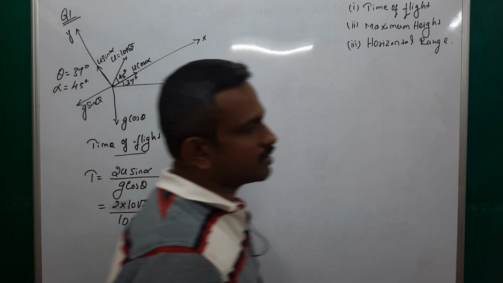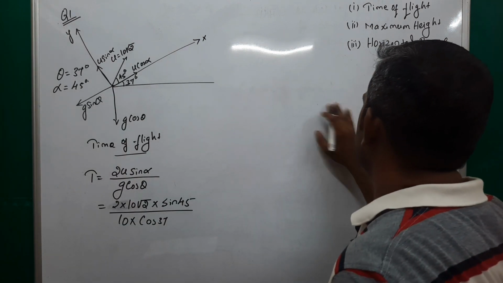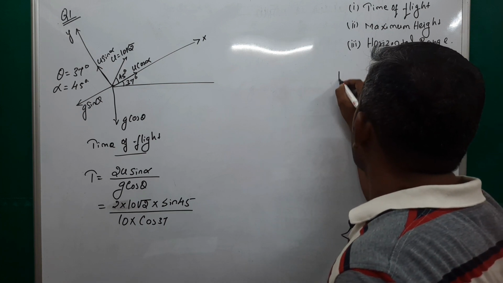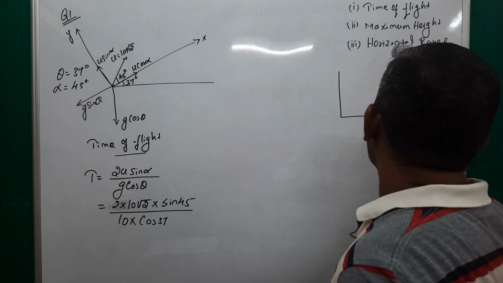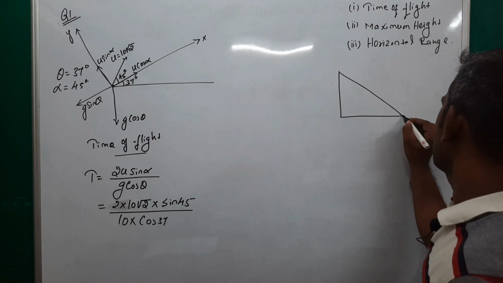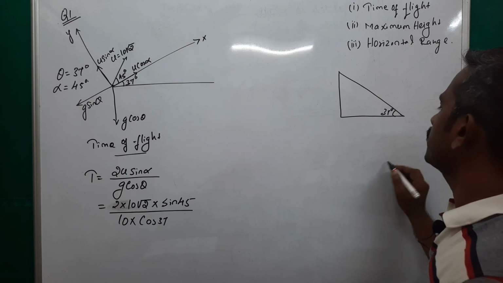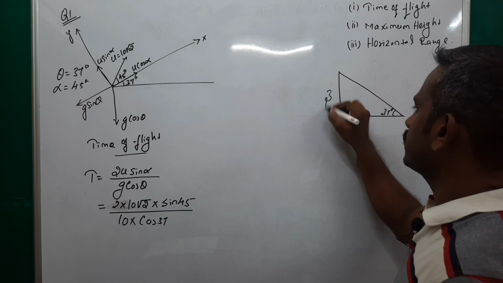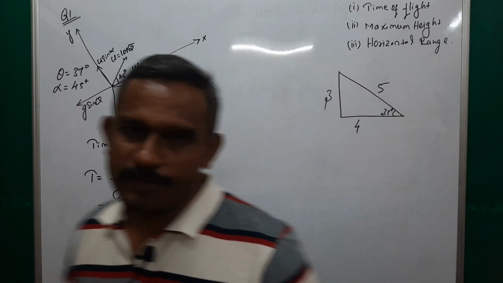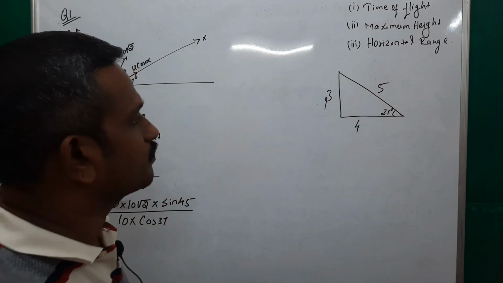So cos 37 is a famous triangle. I already discussed that triangle. This angle is 37 degree, which means the sides are 3, 4 and 5. Famous triangle, 3, 4, 5.